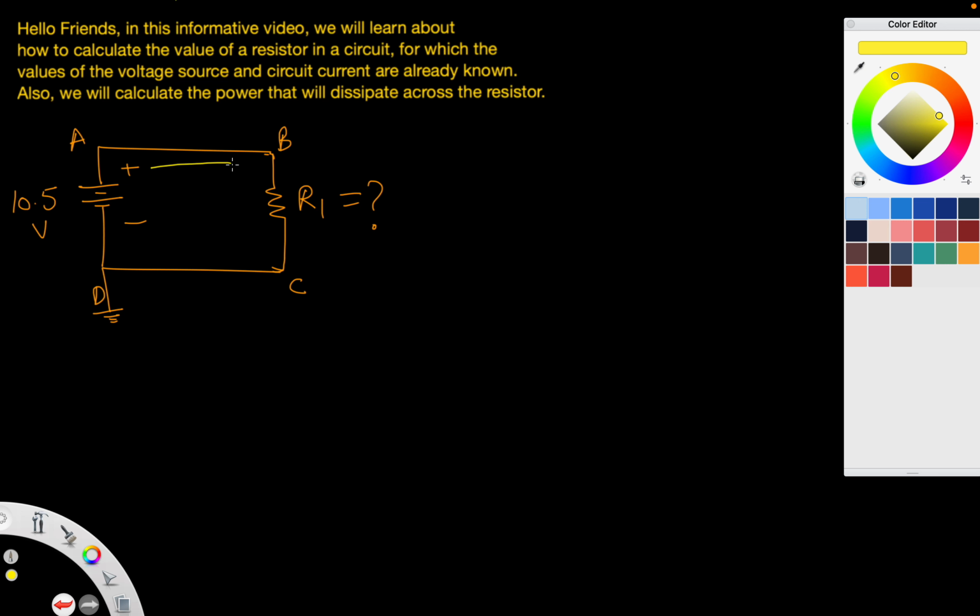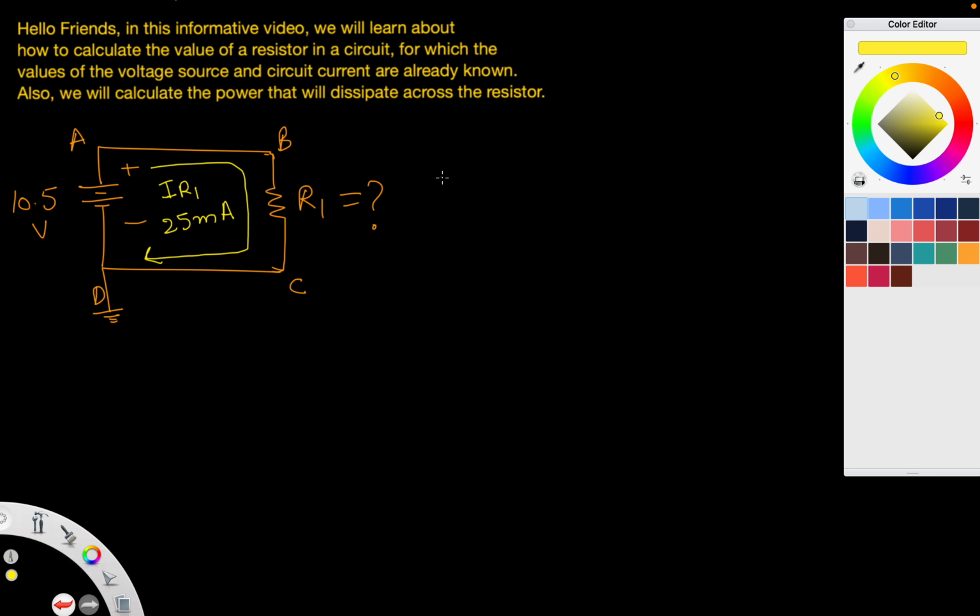We will show the direction of the current from positive to negative. This is the conventional direction of the current, and we will denote it by IR1, which is equal to 25 milliamps.